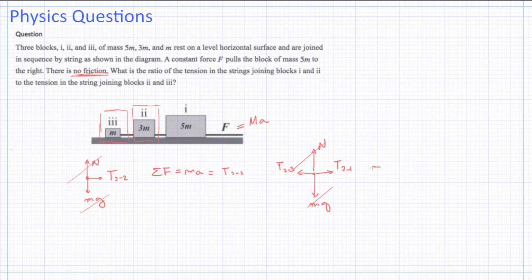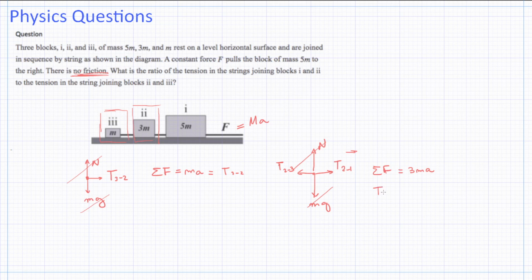If we do the sum of the forces, again, it's not equal to 0. It should be equal to mass times acceleration. For this block, the mass is 3m, so this should be 3ma. What would be the sum of the forces? Well, if my acceleration is in that direction, it means that this tension is undoubtedly larger than this tension.